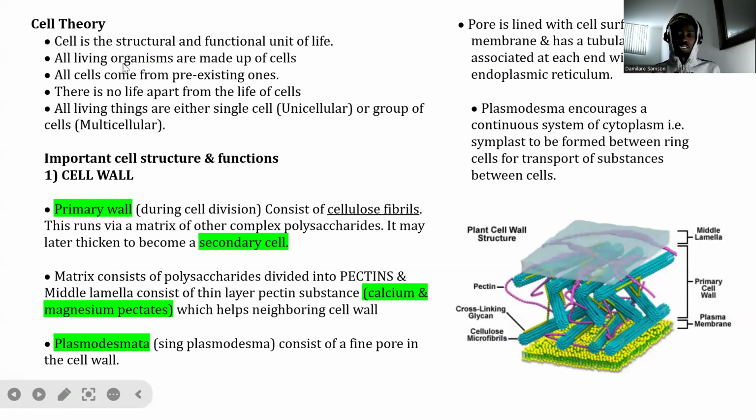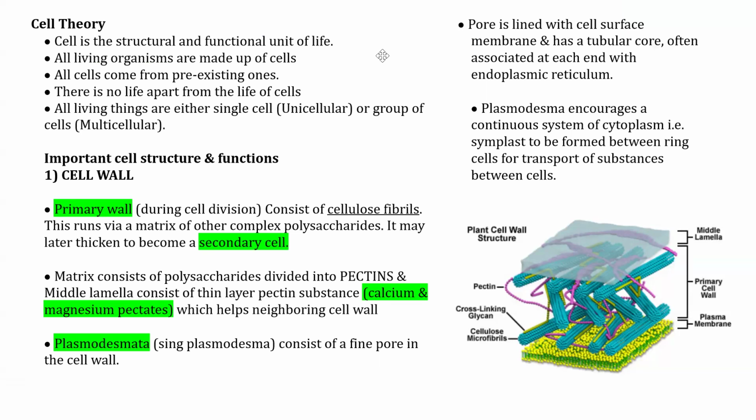So the cell theory that we made mention of says a cell is the structural and functional unit of life. That's more like the general definition of a cell, which we all know. So we now say all living organisms are made up of cells. When I mention living organisms, you should know that they are made up of what? Of cells.